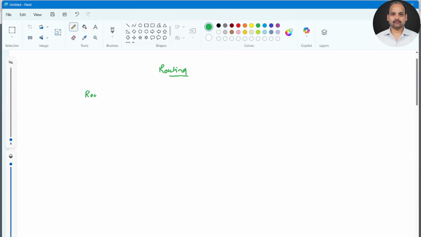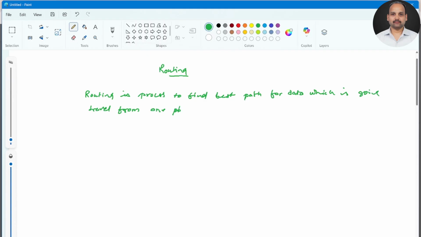So, routing is the process to find the best path for data which is going to travel from one place to another place.